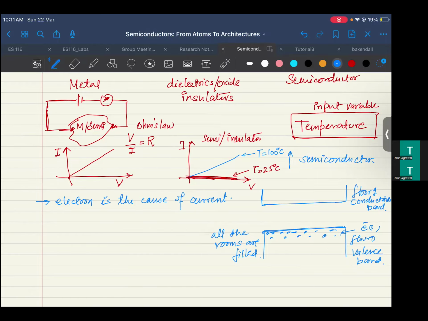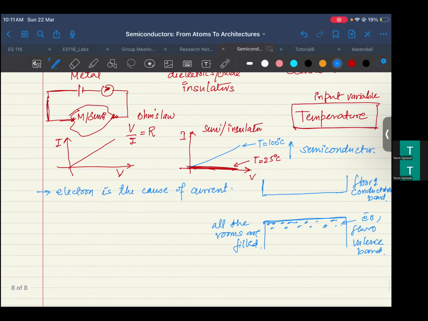That is a very important property which we know as the Fermi energy, or Fermi level. So what is a Fermi level? It is similar to the level in a bucket, or a level in a hotel, which tells you that these rooms are vacant, these are empty, and which rooms are most likely filled.